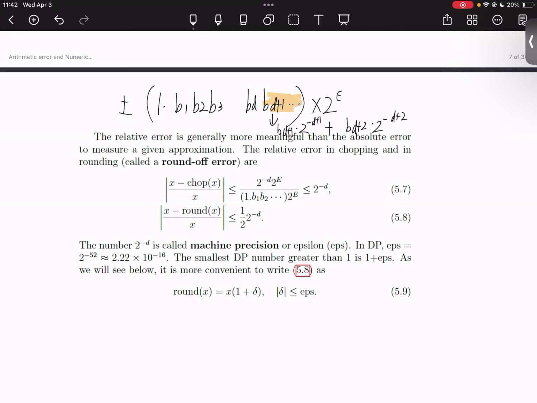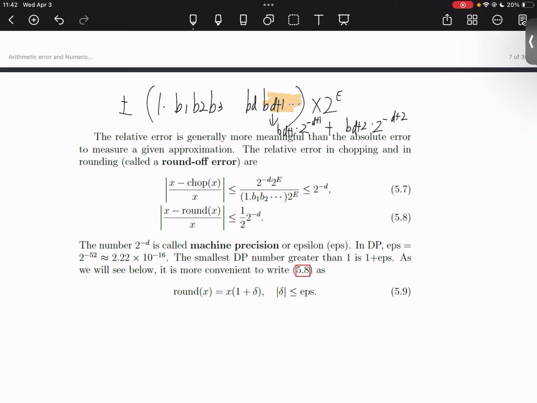You have a sum of the series to prove this one. So this number should be smaller than this one, and then you can do some cancellation here. This cancels this one, and this number should be bigger than or equal to 1. So this whole number should be smaller than or equal to 2 to the negative d.